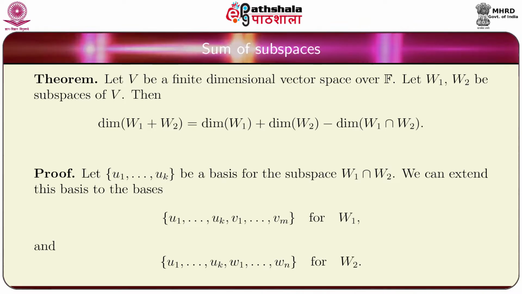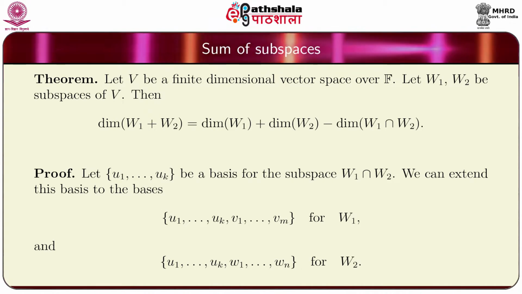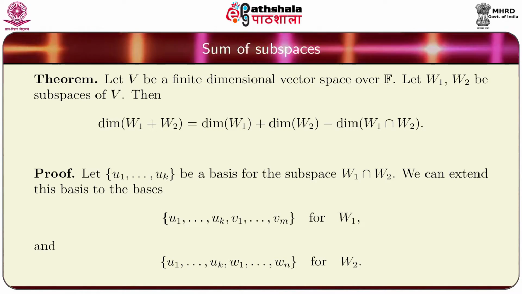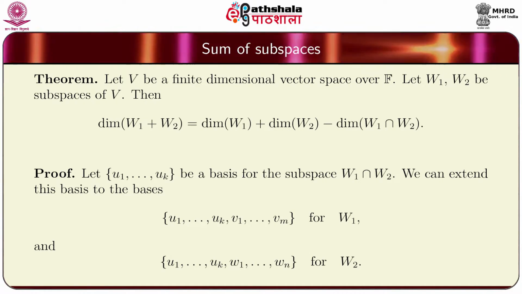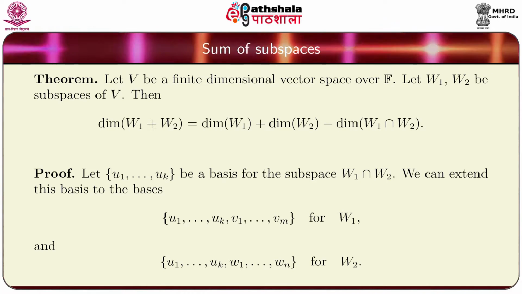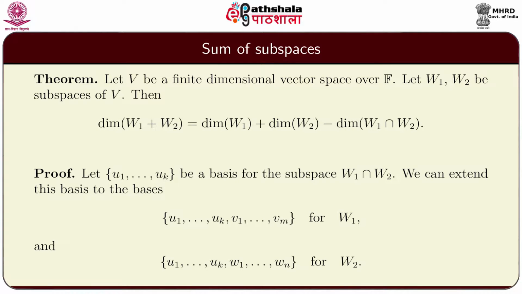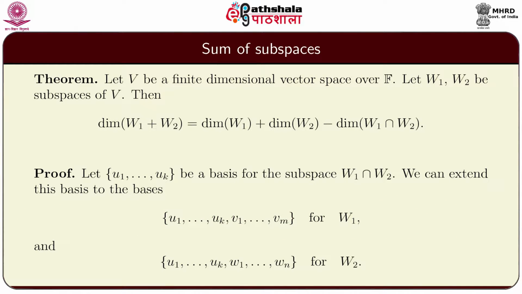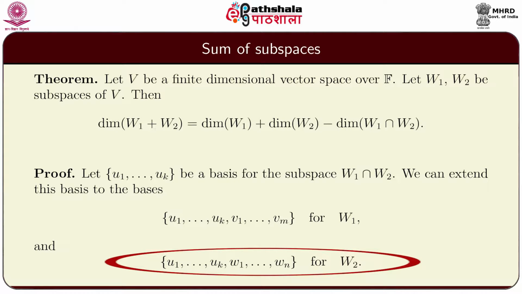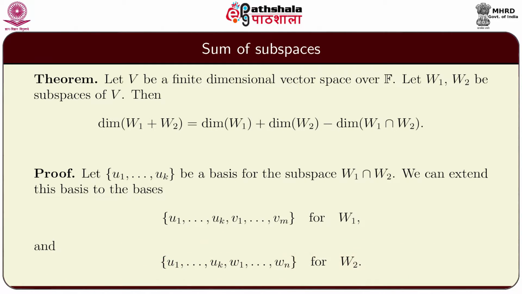We have already seen this as a theorem in one of the previous modules, and now we also know that we can extend this basis of W1 intersection W2 to a basis for W1, and we name it u1, u2, uk and so on, v1, v2, vm, and also to a basis of W2 and name it as u1, u2, uk and so on, w1, w2, wn.